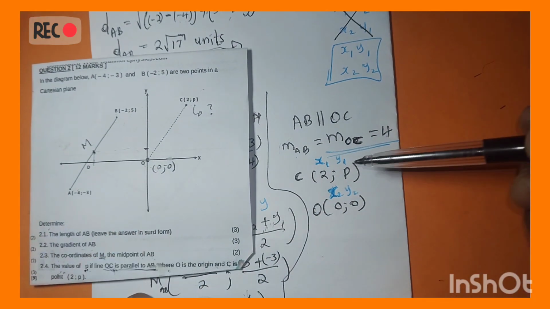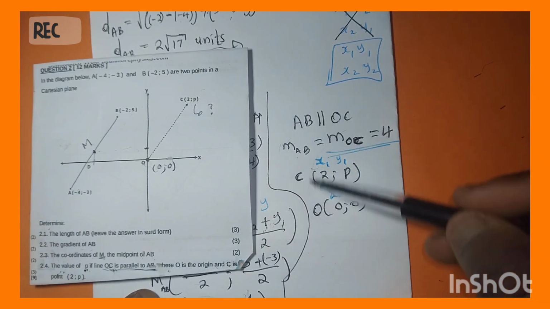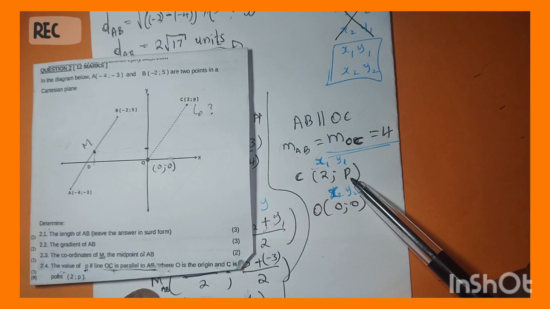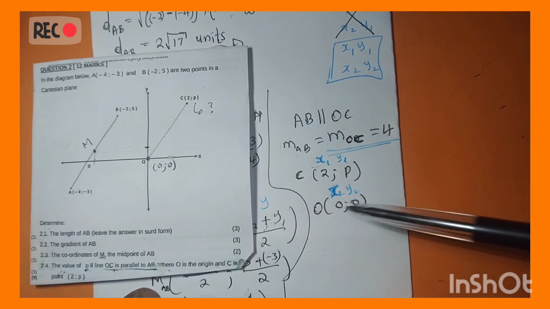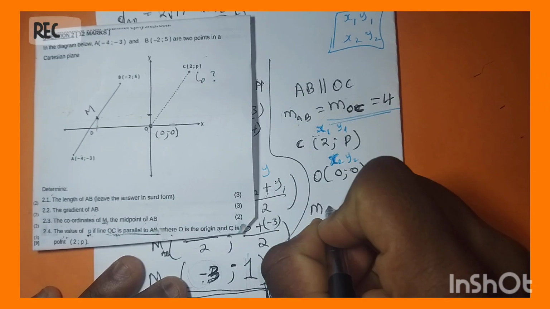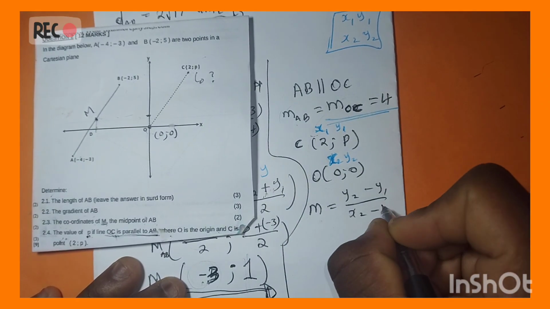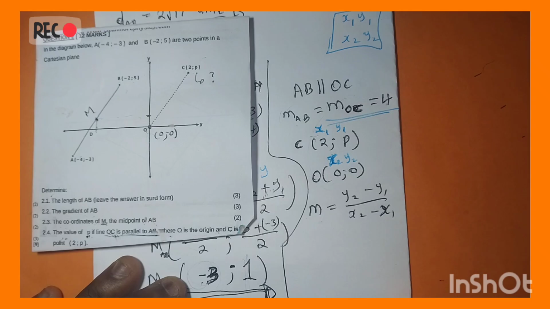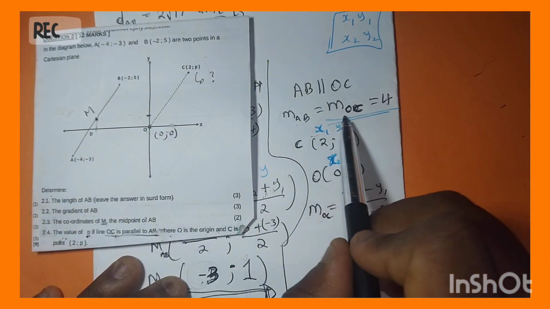So by knowing that one is point 1, point 2, I can apply the gradient equation, whereby I will solve that P as my unknown value. I will apply all this information like this: the gradient equation is this divided by this x1. But now I'm focusing on OC, the gradient of OC, which is the one that I know.